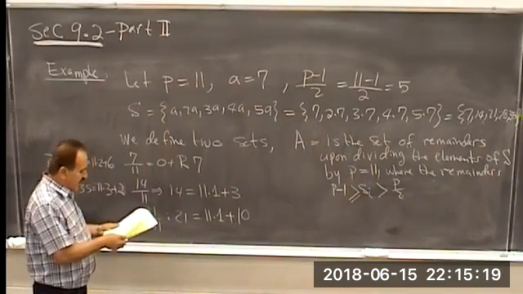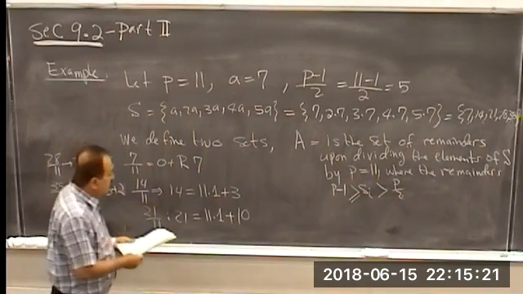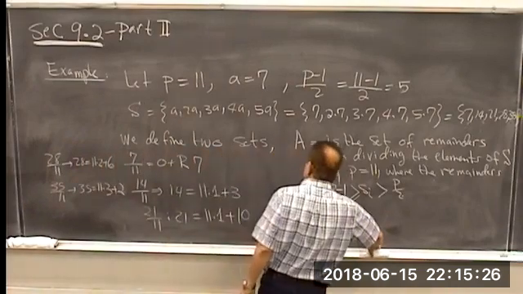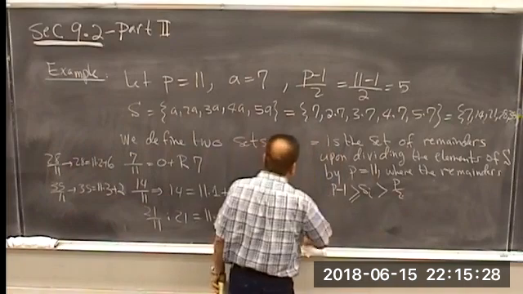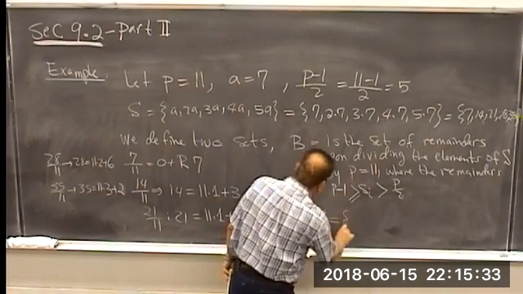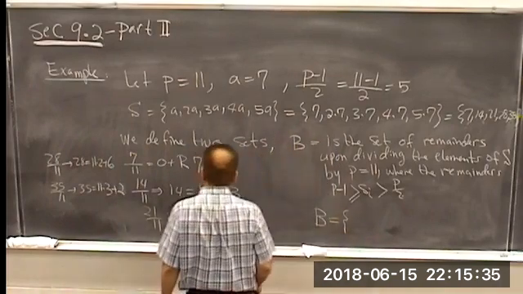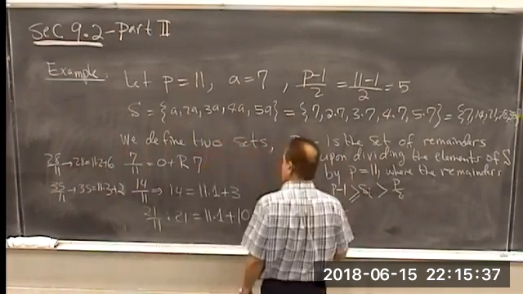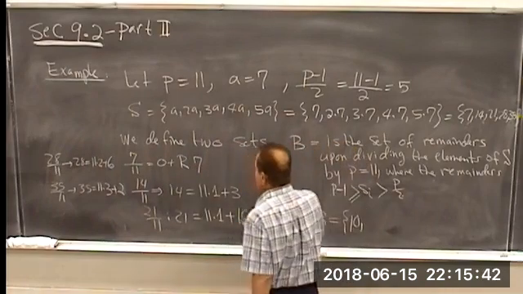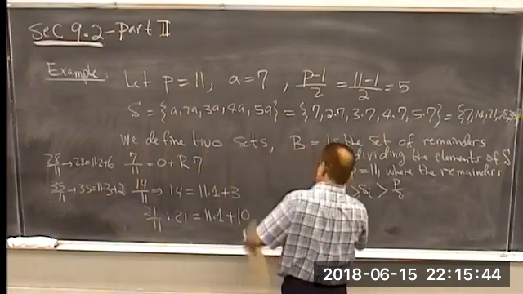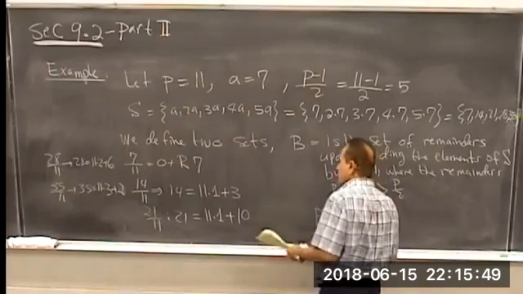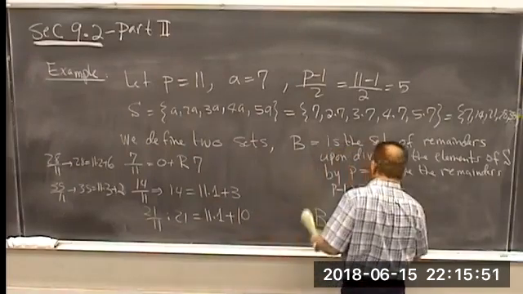I'm going to call this set B. So B consists of those elements: 7, 10, and 6.